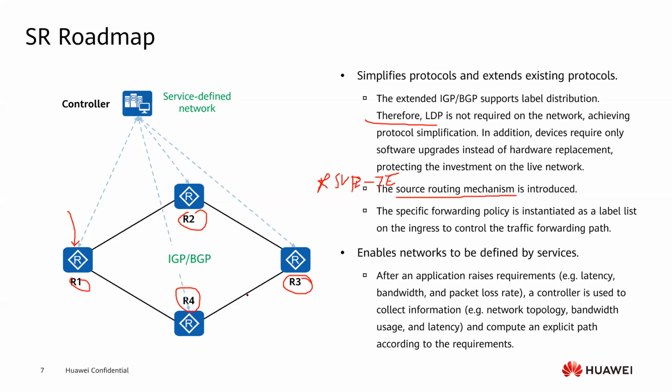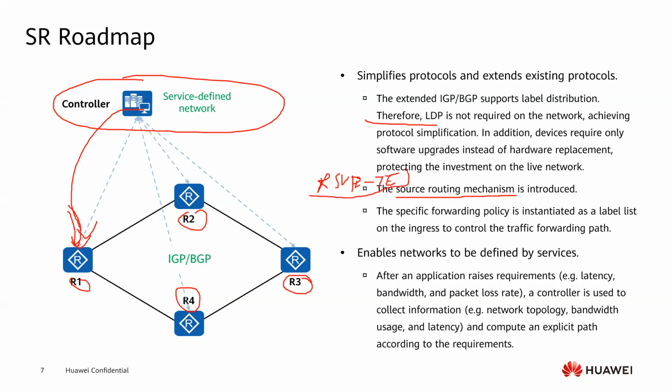This forwarding path will be calculated at the controller, and the controller will send it to the router, and the router will know. So there will be no problem for RSVP-TE. There are no signaling messages that need to be sent or exchanged. And I can also plan the path based on the controller.